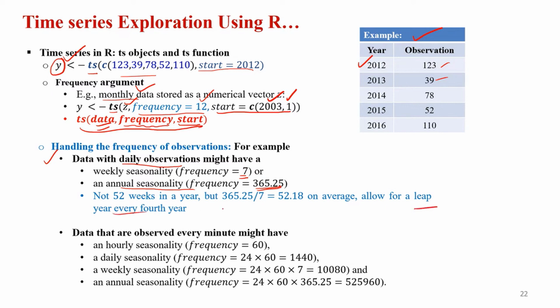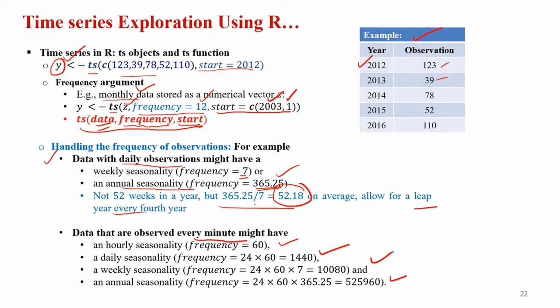Similarly, we can mention hourly data, from a daily seasonality perspective, or a weekly perspective, and then the annual perspective. This is also how it works if we have data in minutes.